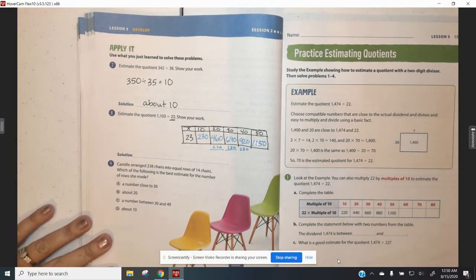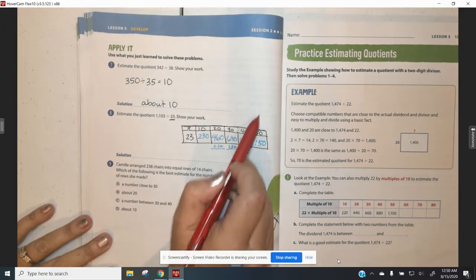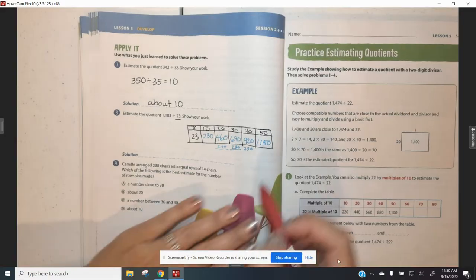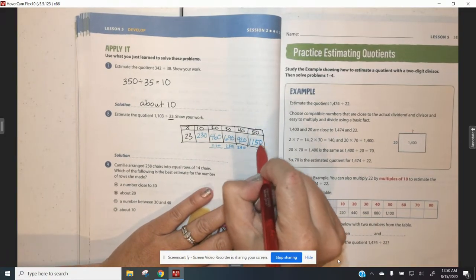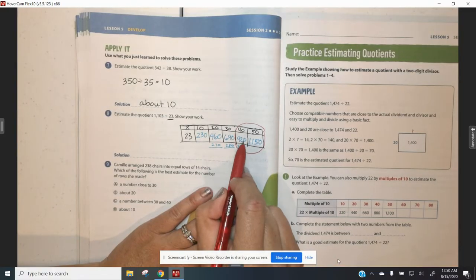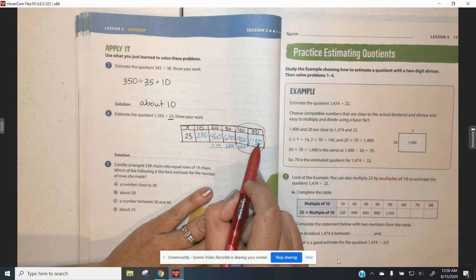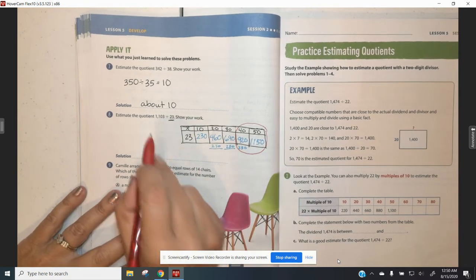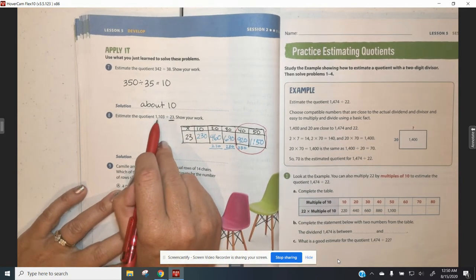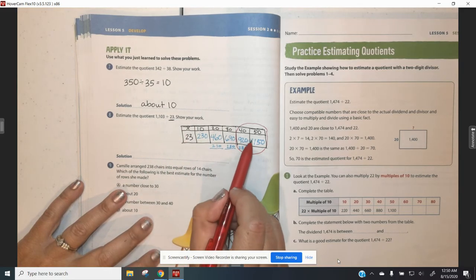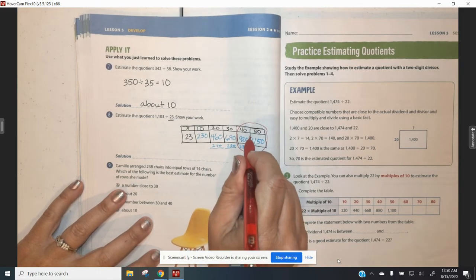Now, if I was in my class, you would say, stop, Mrs. McGuire, because we have passed our dividend. So, we know that our dividend is between 920 and 1,150. So now, if we're looking at the equation, 1,103 divided by 23, we know that that falls somewhere in here.